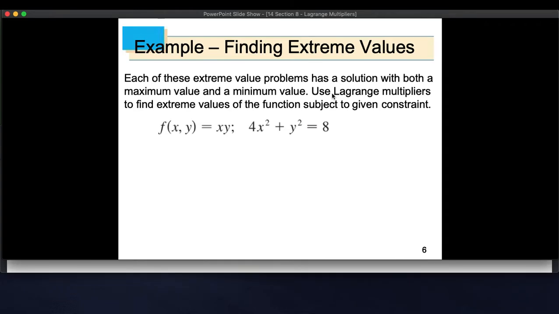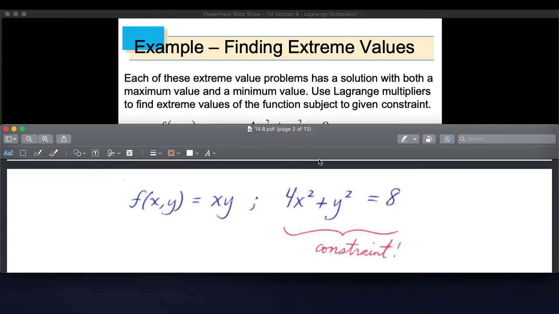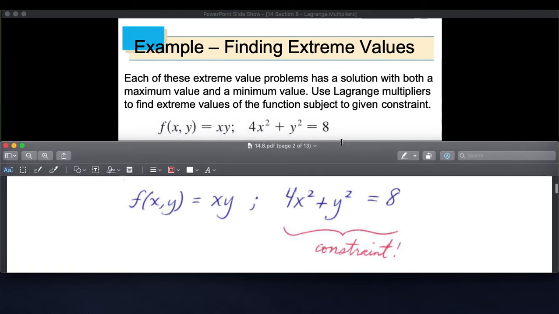So for this example here, we have everything we need. We have our function, and this here is going to be our constraint, or our level curve, 4x squared plus y squared equals 8. Let us begin. So f of x,y equals xy, and the constraint is going to be 4x squared plus y squared.